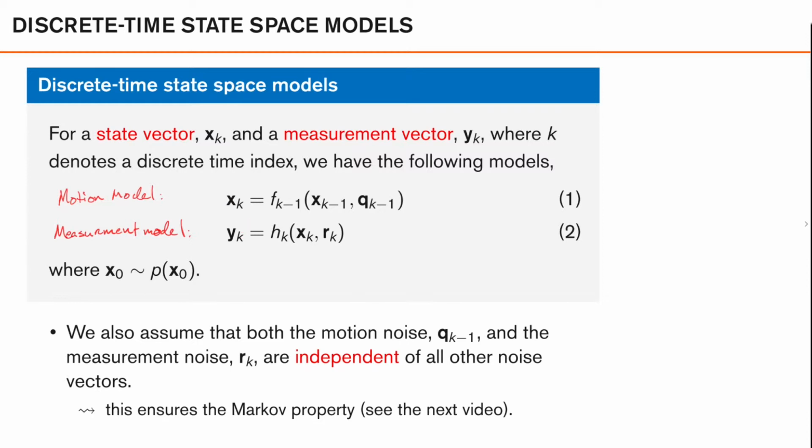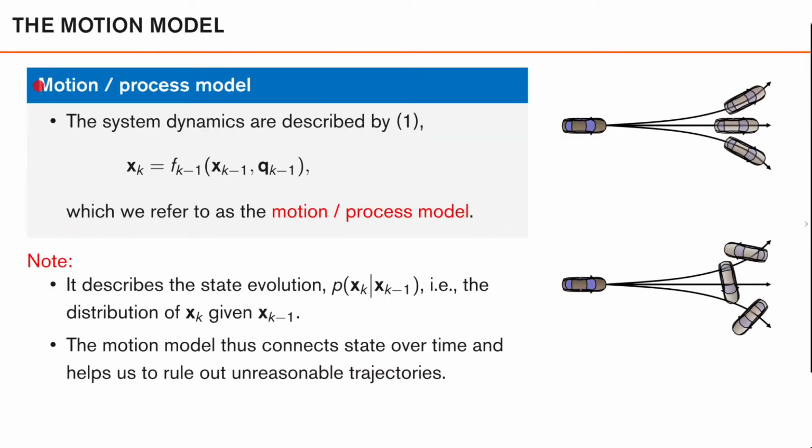Alright, so let's look into more detail regarding the motion and measurement models. We start with the motion or process model. I should mention that throughout the course I will probably use both of these terms interchangeably. The term process model stems from control theory, where one in general wants to control some process, and then one needs a model for the dynamics of this process, which is then called a process model.